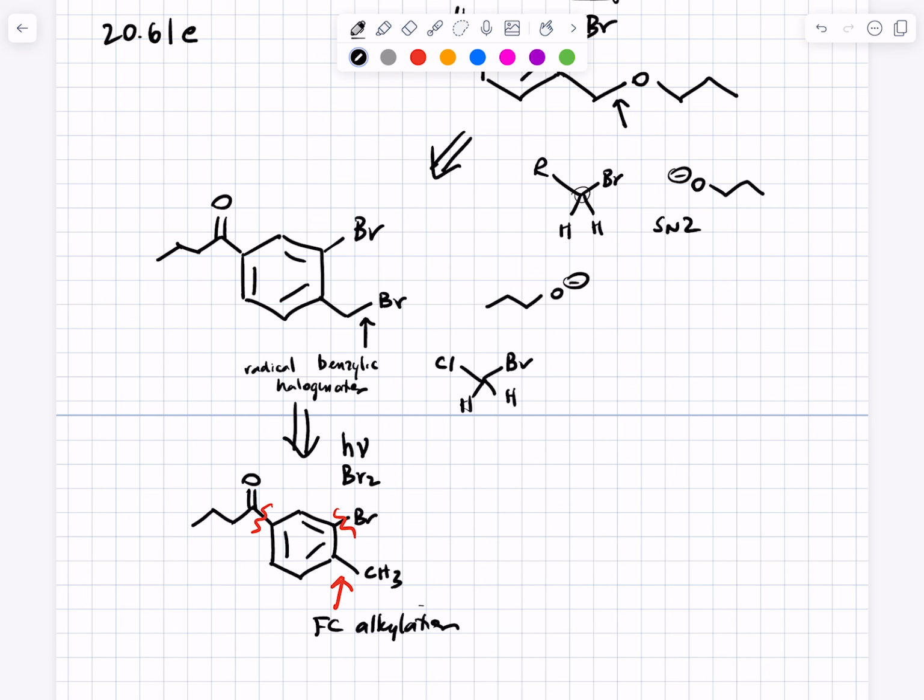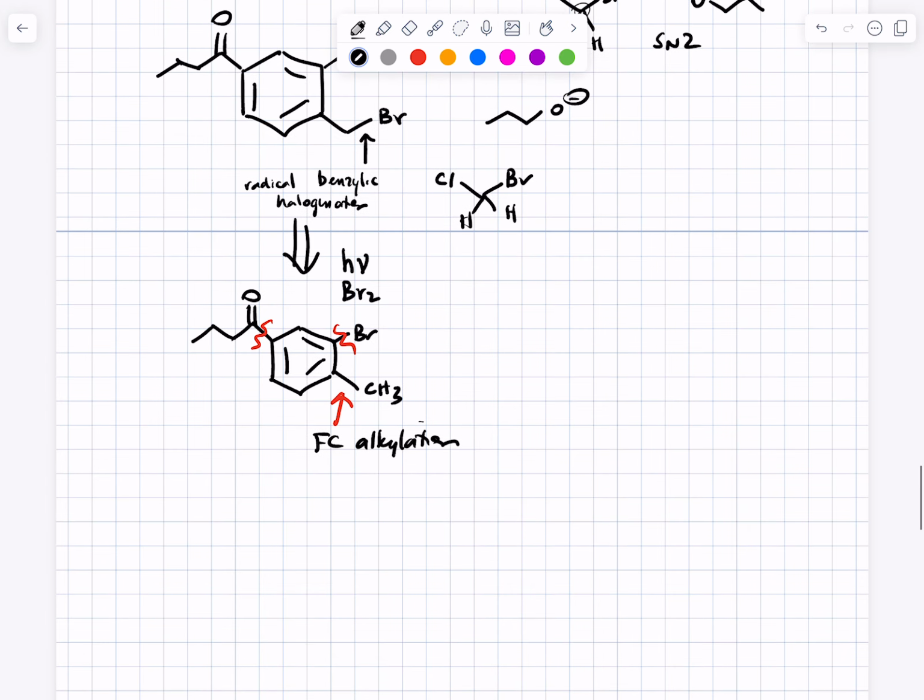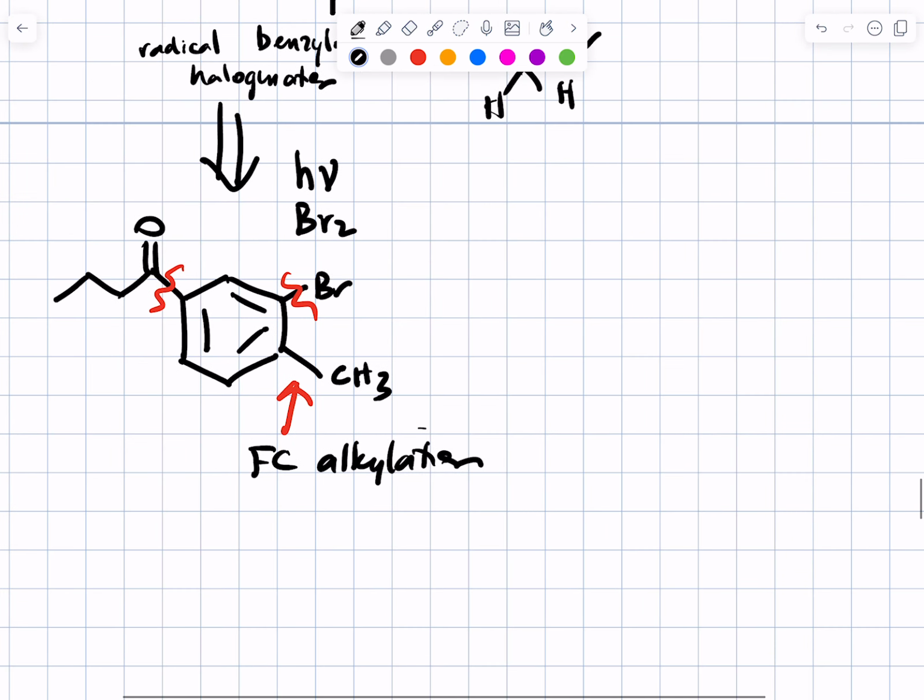We're not done yet though, because we got to decide what's the right order to do things, okay? And our key issues here are going to be, first, regioselectivity. So we ought to identify what each of these is. Methyl is an ortho para-director, so is bromo. The acyl group is a meta-director.